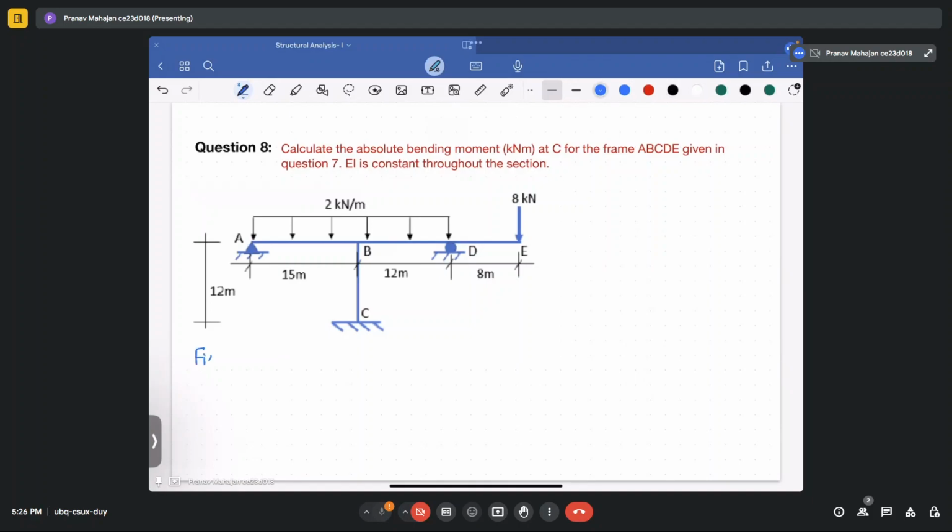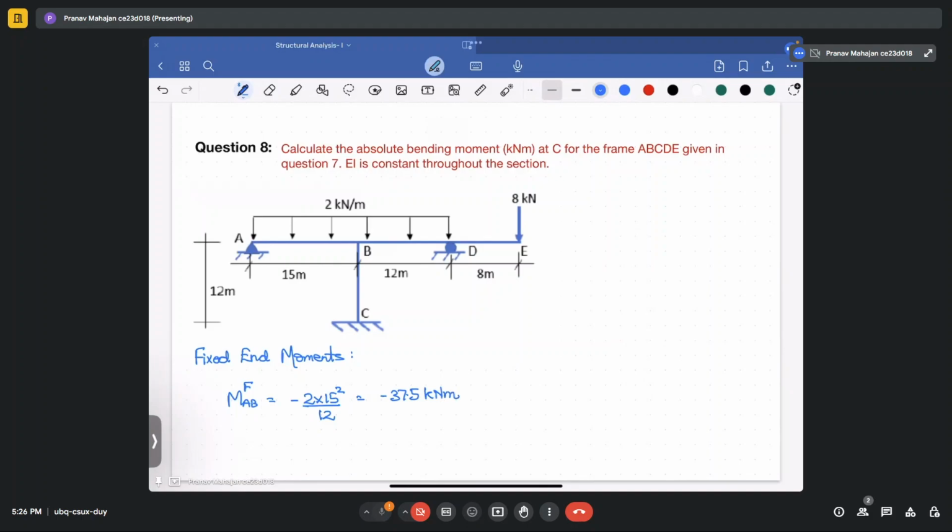So fixed end moments, so your fixed end moment MAB F would be equal to minus 2 into 15 square divided by 12, and that value comes out to be minus 37.5 kilonewton meter.